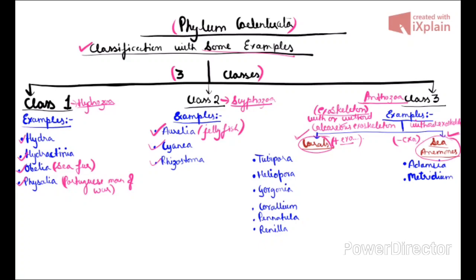So they rely on a hydrostatic skeleton. What does this mean? Hydrostatic skeleton means that these sea anemones of the class Anthozoa are under the influence of water, or we can say pressurized water.